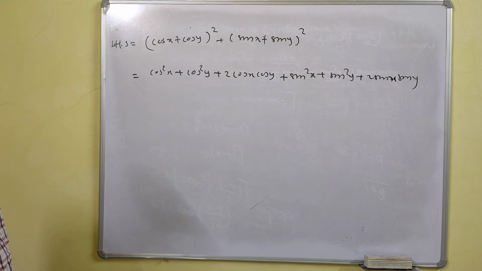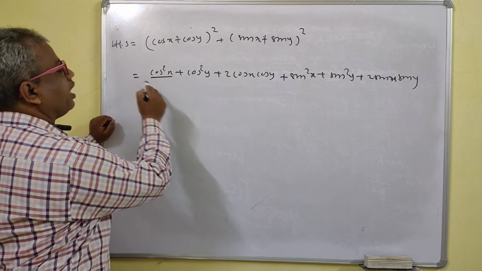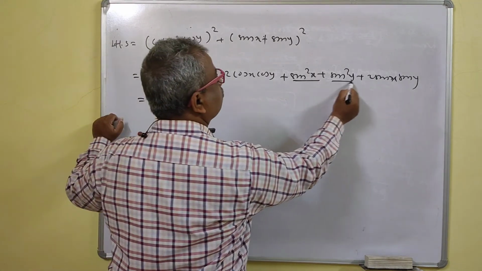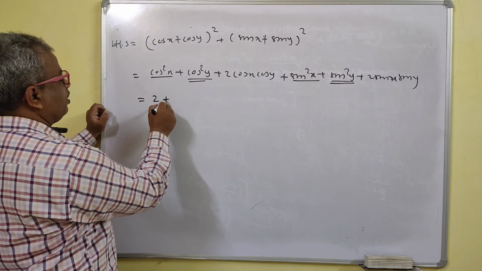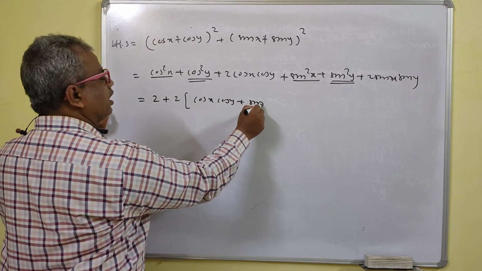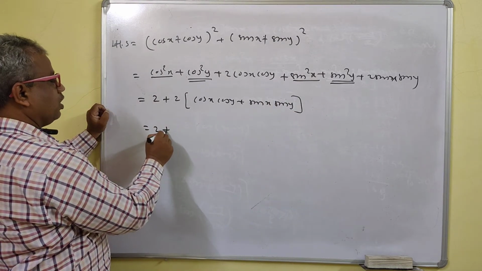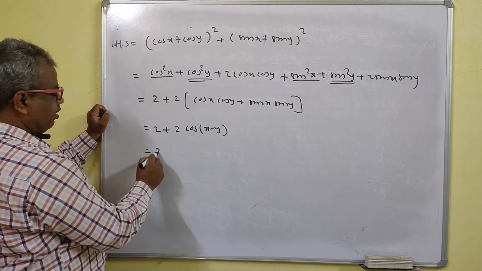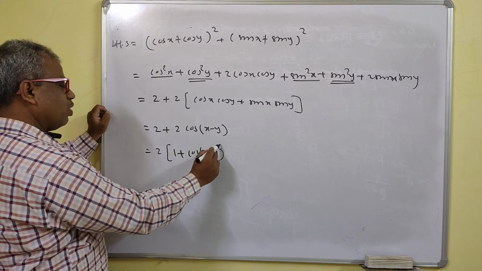Now again, cos square x plus sin square x will be 1, cos square y plus sin square y will be 1, right? So 1 plus 1 is 2, and I will take 2 common. So cos x cos y plus sin x sin y is cos of x minus y. Again I will take 2 common, so 1 plus cos of x minus y.